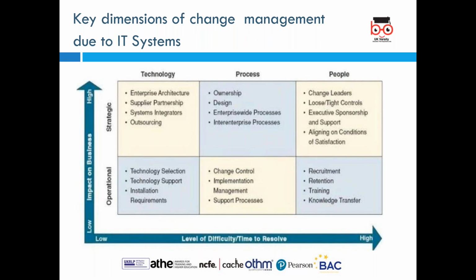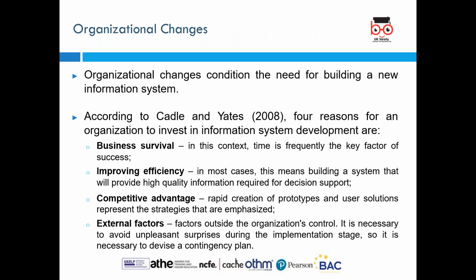This picture shows the key dimensions of change management in the IT system. It's subdivided into the technologies, process, and people involved, and also the operational strategies and how they're going to be conducted within the organization. When it comes to organizational changes, it is simply the condition needed for building a new information system.